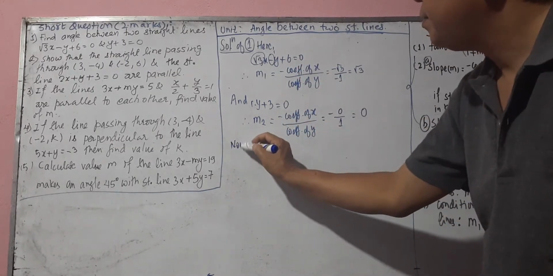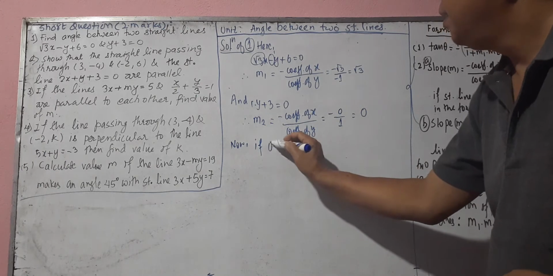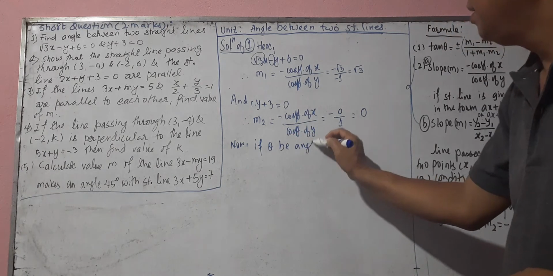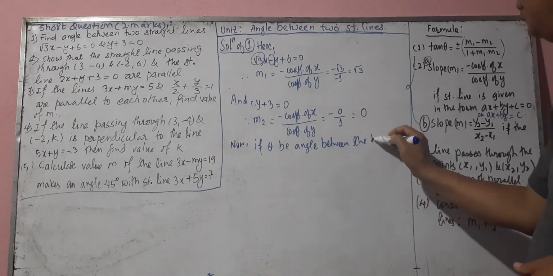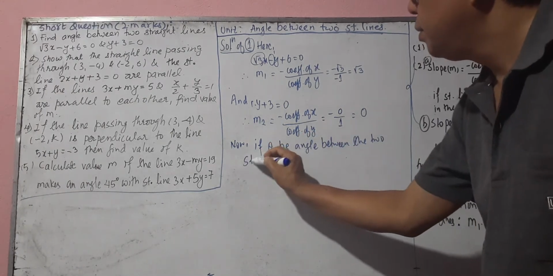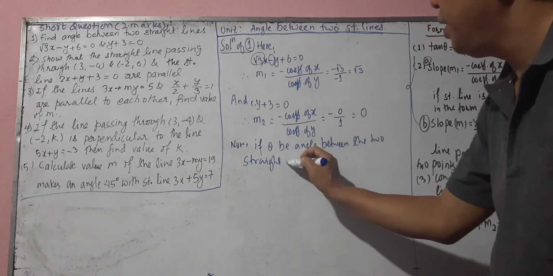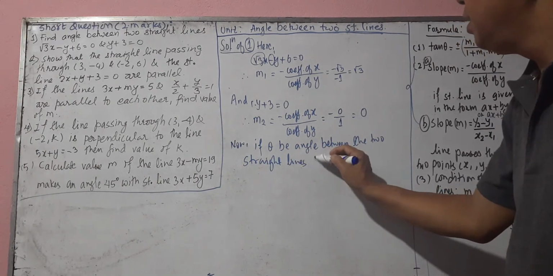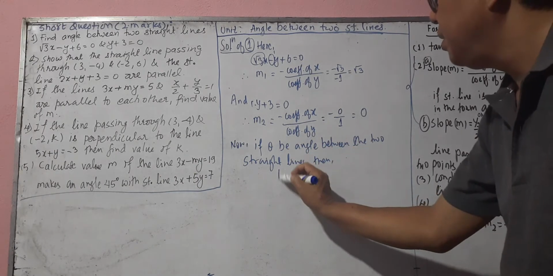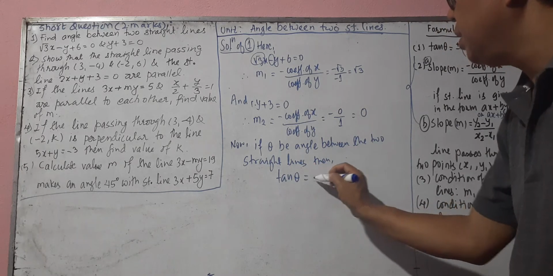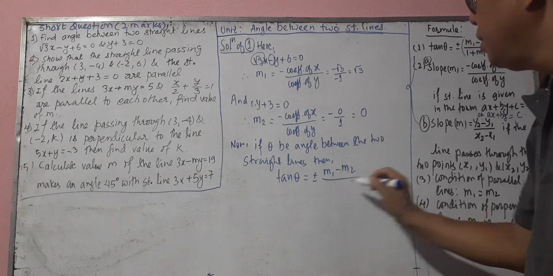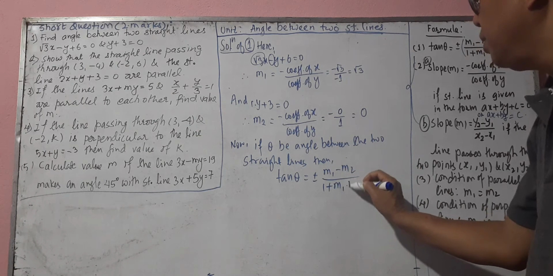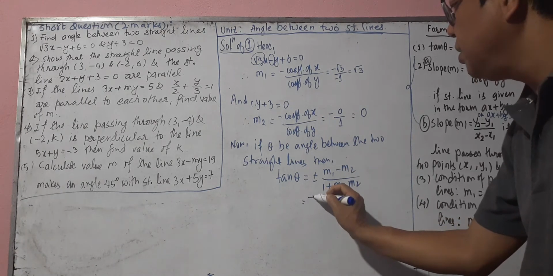Now if theta is the angle between the two straight lines, then we know that tan theta equals plus minus (m1 minus m2) divided by (1 plus m1 times m2).